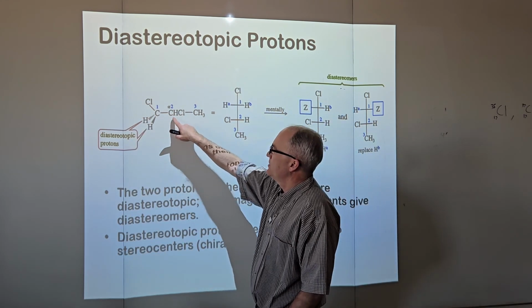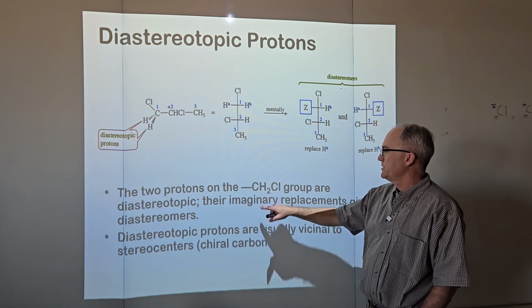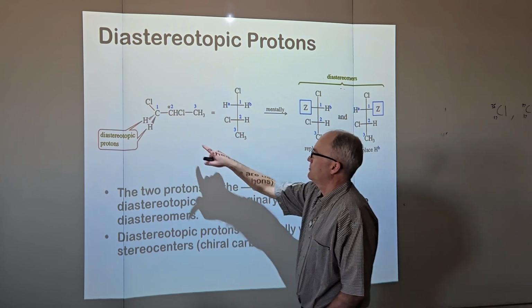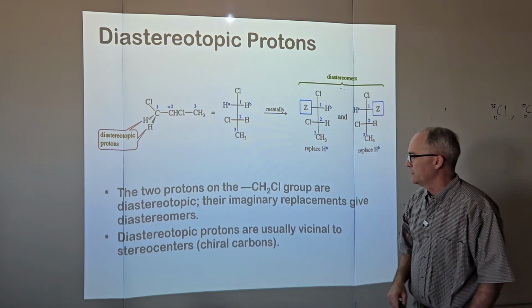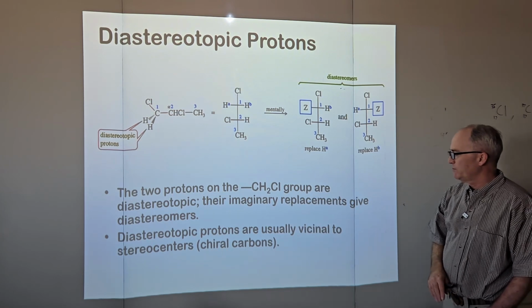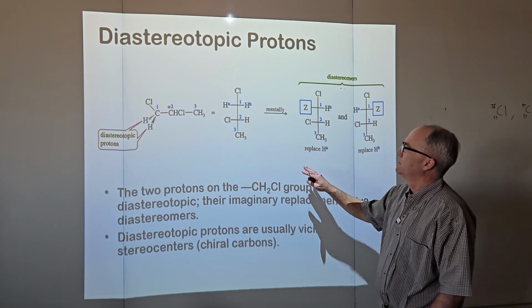But since it's adjacent to this chiral center, we say the 2 protons on the CH2Cl group, carbon number 1 there, are diastereotopic. Their imaginary replacement gives diastereomers.